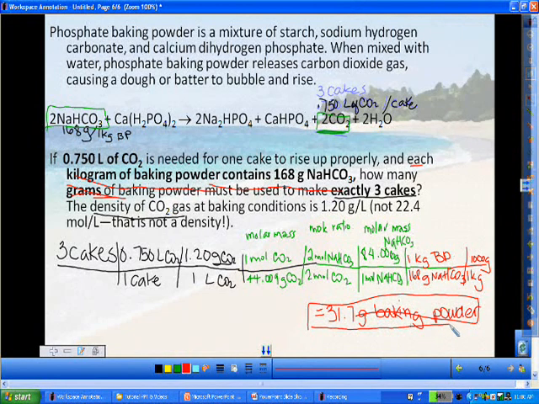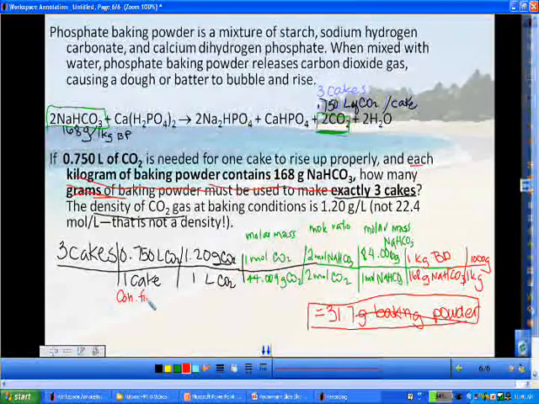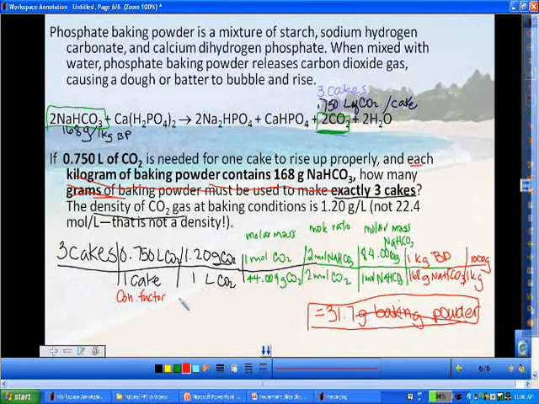Sorry, I can't draw a straight line on this thing. So let's take a look back at our work right quick. Remember this value here, this is given to us as a conversion factor from the problem right here. 0.750 liters of carbon dioxide is needed for 1 cake. So 0.750 liters per 1 cake.